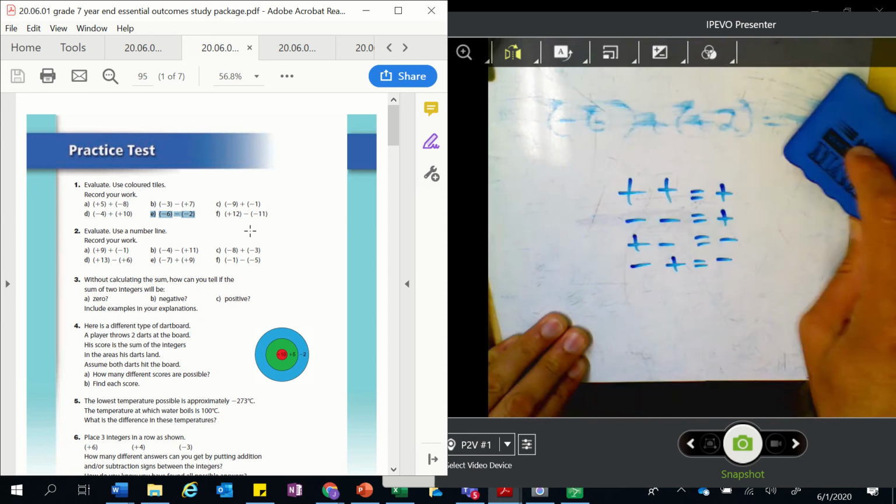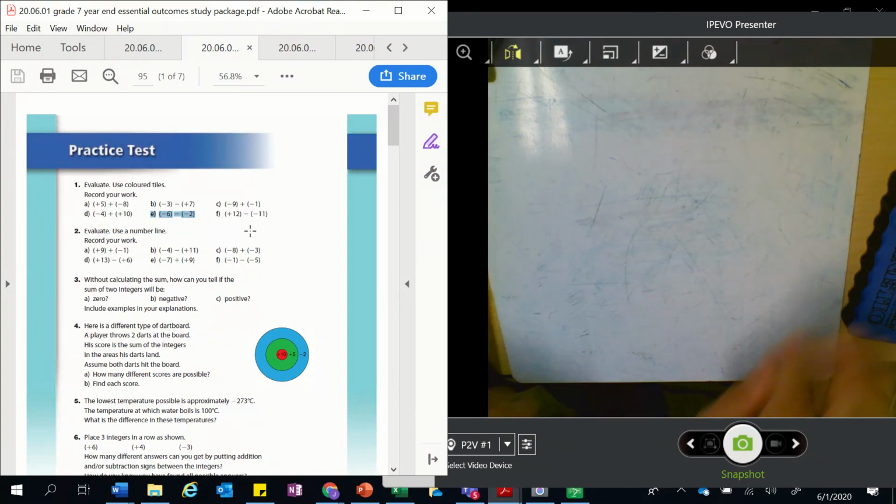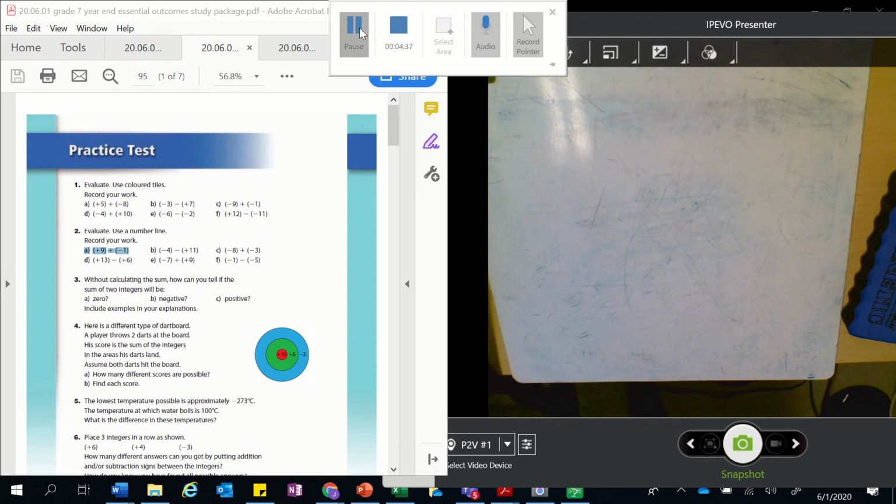All right, let's take a look at another couple of examples. And this time we're going to take a look at it with a number line. So let's take a look at number 2, plus 9 plus, oh, you know what? I should actually back it up. Hold on a second. Let's take a look at a more difficult question with those tiles first.